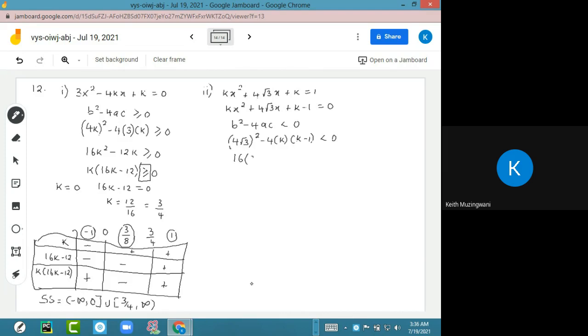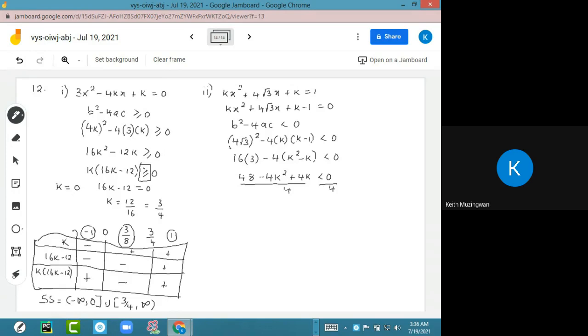Root 3 squared, that is 3. Minus 4 times k squared minus k less than 0. So we get 48 minus 4k squared plus 4k less than 0. Divide by 4.